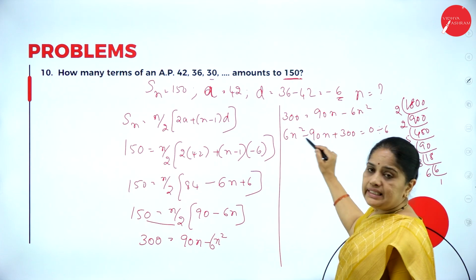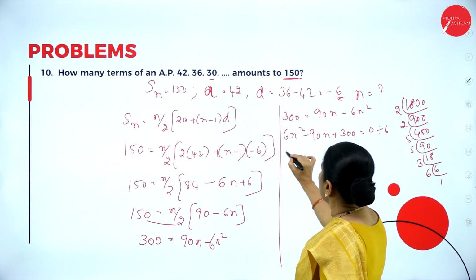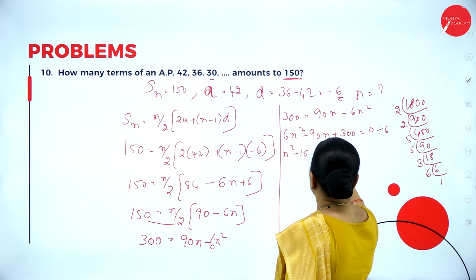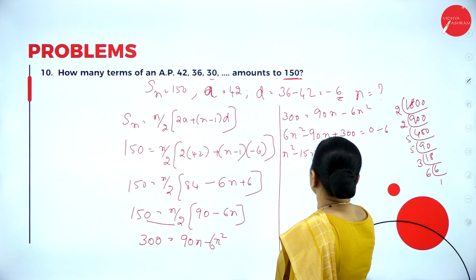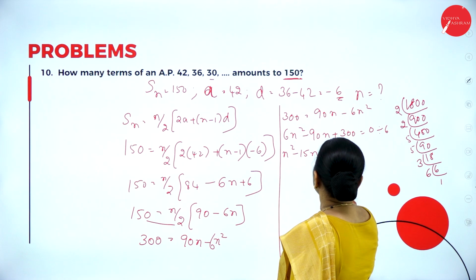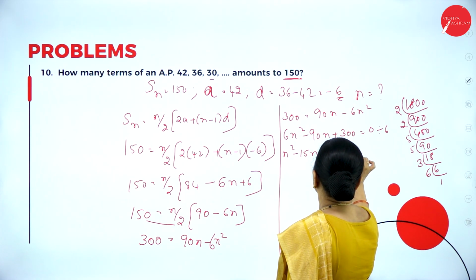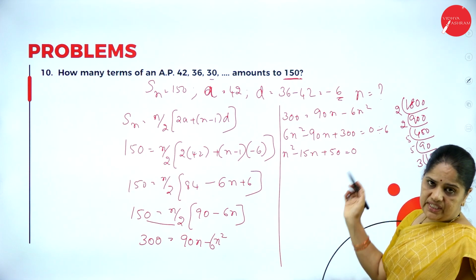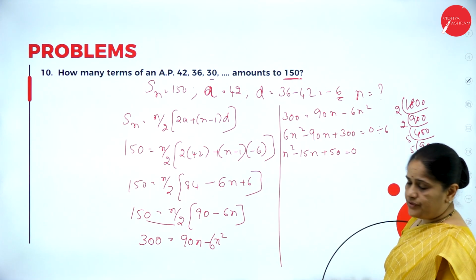Now when I divide the entire equation by 6, I get N square minus 90 divided by 6 is 15N, plus 50 is equal to 0. Now 10 into 5 is 50, and 10 plus 5 is 15.